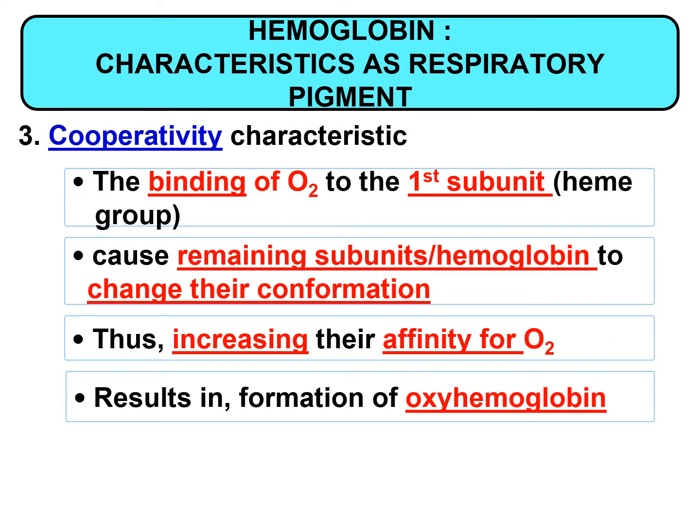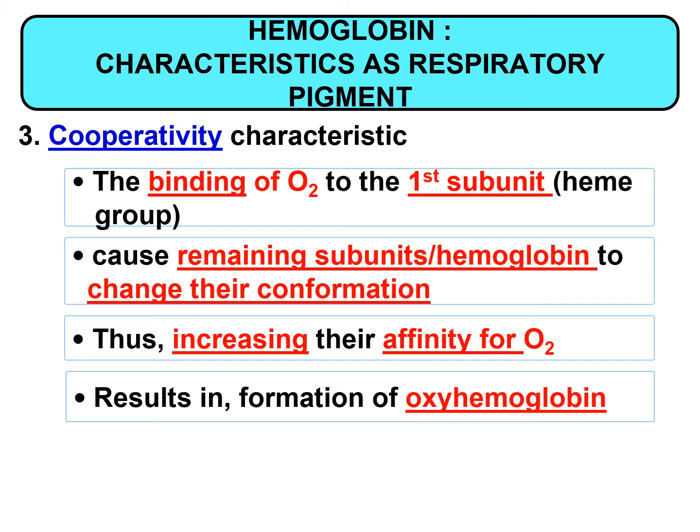Hemoglobin has cooperativity characteristics because one hemoglobin consists of 4 subunits. If all of the 4 subunits do not cooperate, they might be able to carry only 1 or 2 or 3 oxygen. Not all of the hemoglobin will be cooperating to carry the oxygen. So cooperativity is a characteristic that increases their affinity.